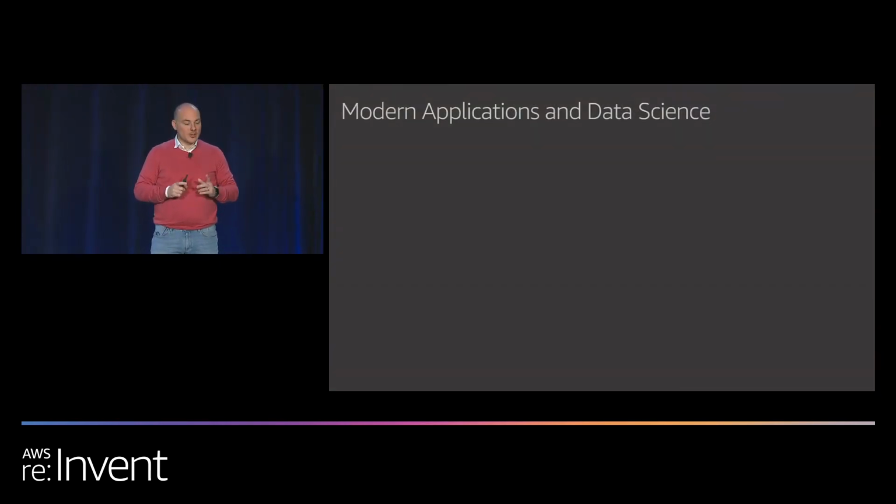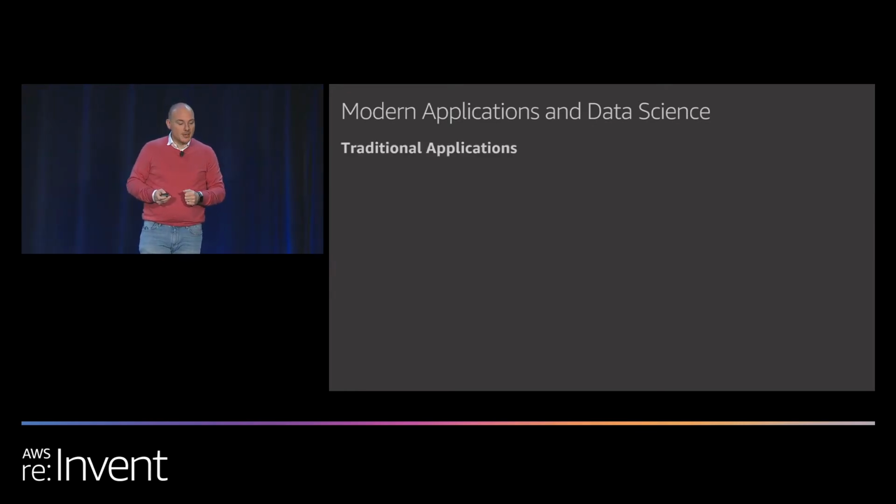Okay, so let's first talk a little bit about modern applications and modern data science. The cloud has changed quite a couple of things there. Customers want to make use of the agility benefits, the elasticity, and the cost benefits, and that has changed how developers and data science people use their resources.